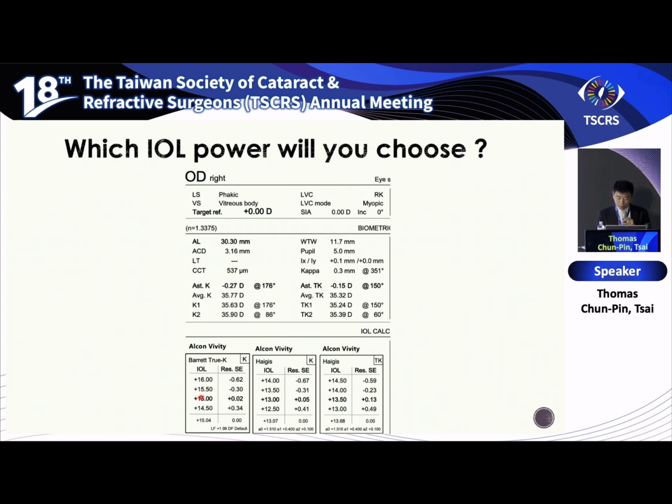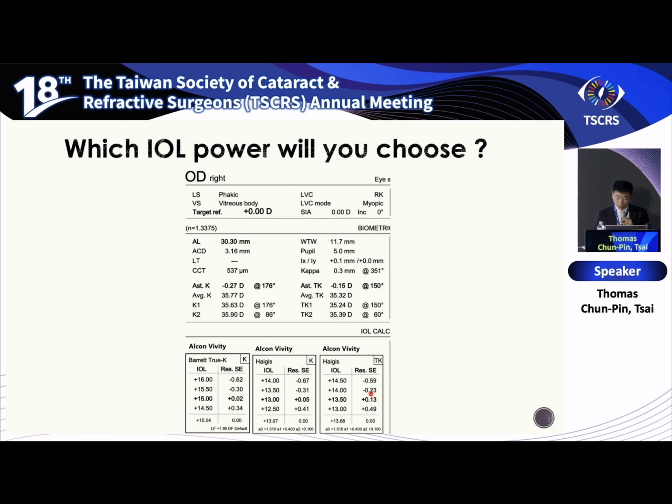If you target this IOL power, you will find your target at myopia 0.3 by Barrett True-K formula, and target at 1.75 myopia result by Haigis formula, and target at 1.25 diopter by Haigis TK formula. All these results are myopic. It is a safe decision.